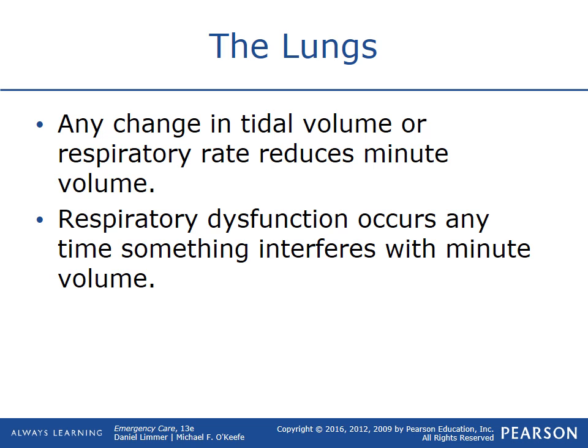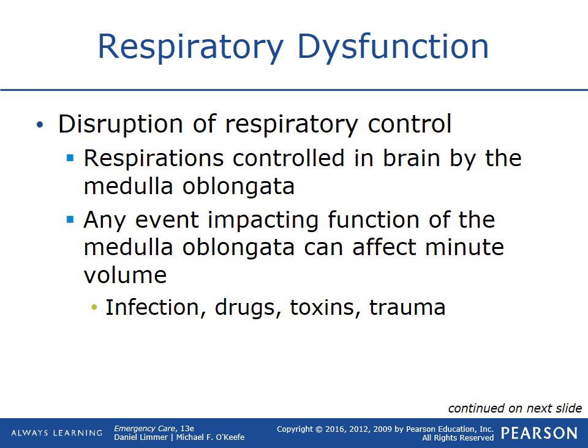Respiratory dysfunction occurs anytime something interferes with minute volume. So if the respiratory system is not functioning correctly, it's going to affect the minute volume. Some things that can cause that would be a disruption in somebody's respiratory control.